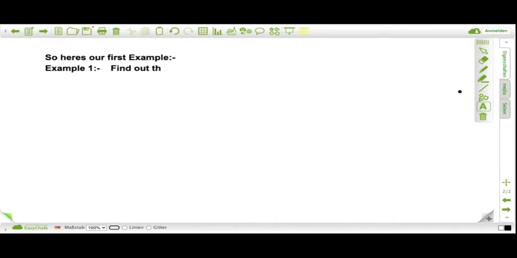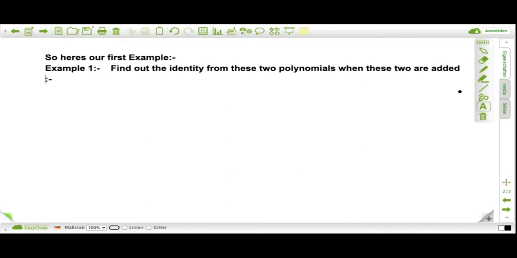Find out the identity from these two polynomials. Now let's see, let's try it. So just pause. When these two are added to each other.